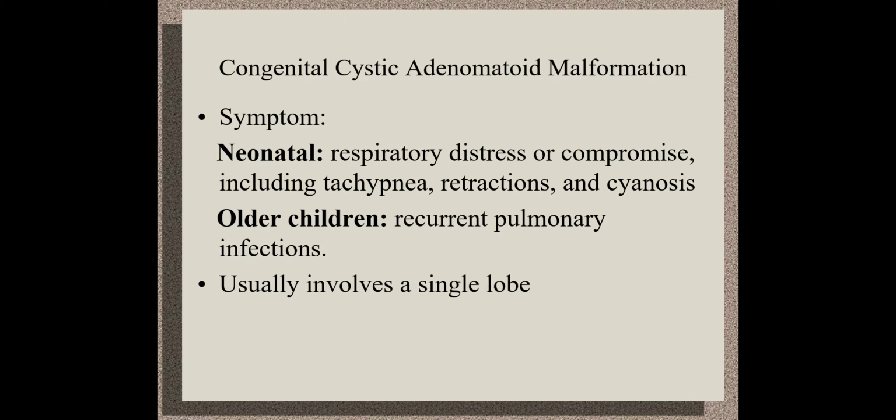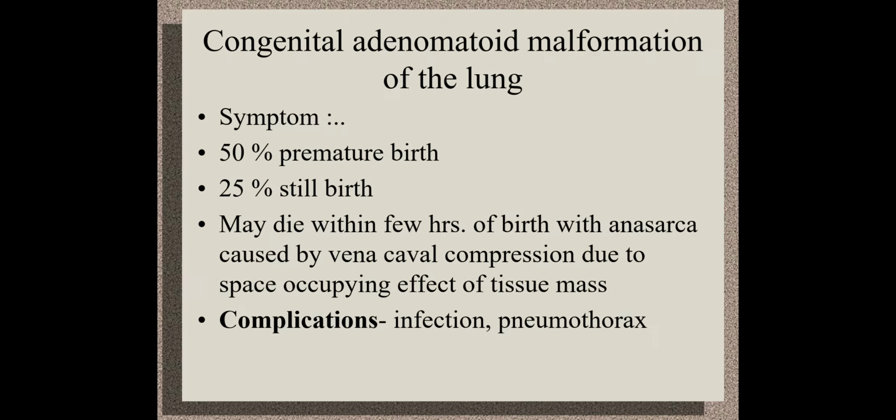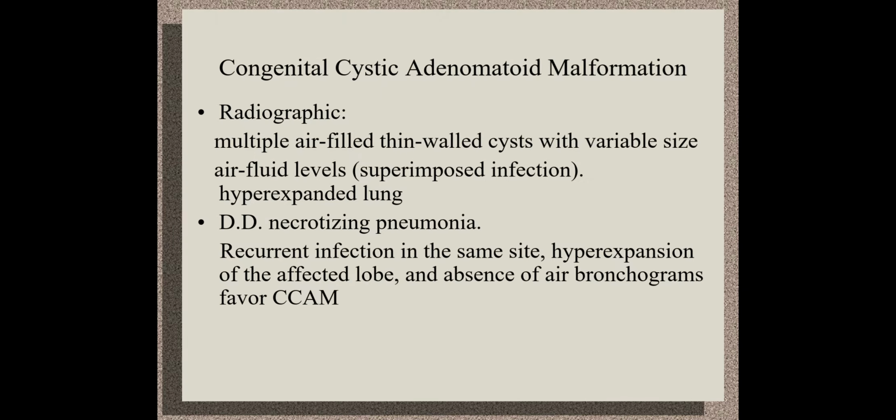In older children, recurrent pulmonary infections, usually involving a single lobe. 50% premature birth, 25% stillbirth; may die within a few hours of birth with anasarca caused by vena cava compression due to the space-occupying lesion. Complications: infection and pneumothorax.